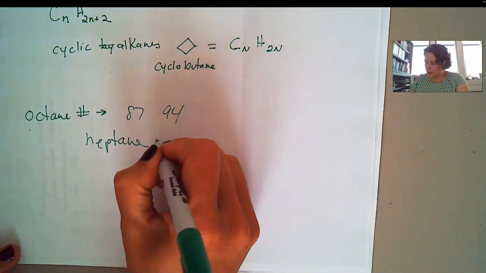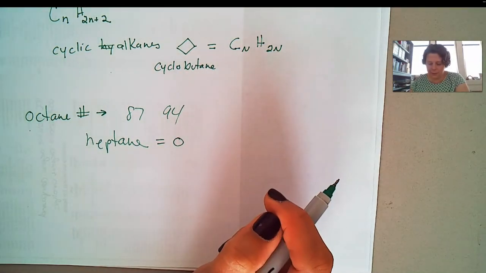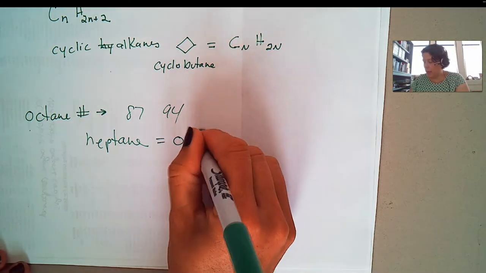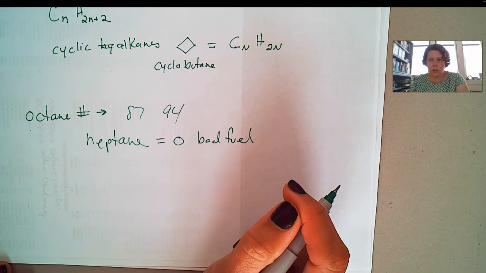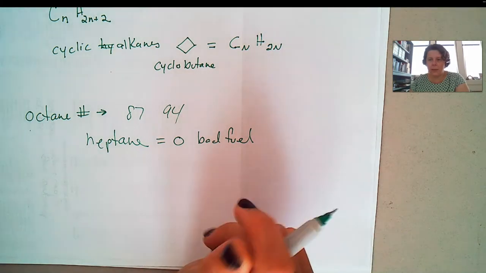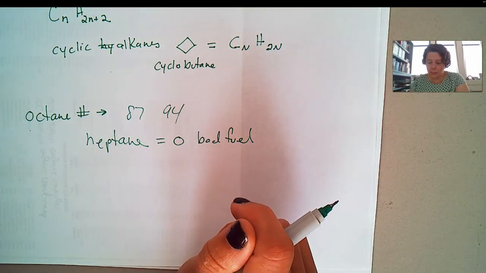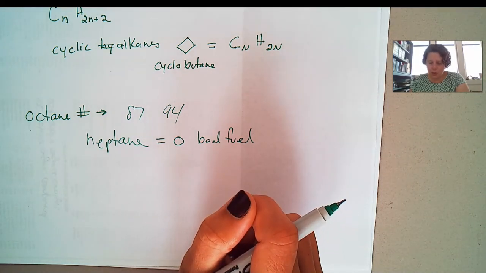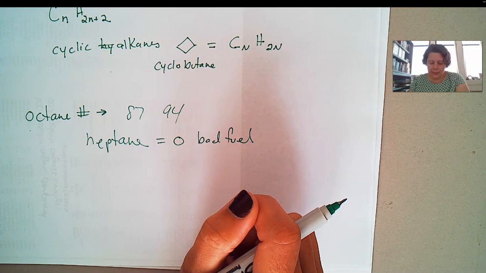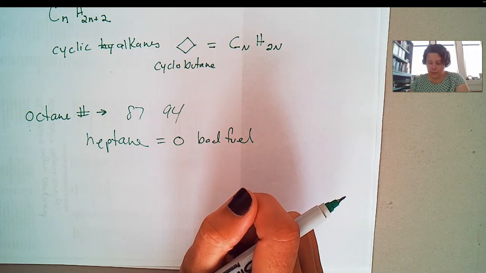Heptane actually has an octane rating of 0, because this is bad fuel. The straight chain heptane will cause a lot of uncontrolled premature ignitions. So in order for gasoline to be really good, it needs to have a lot of branches off of it.